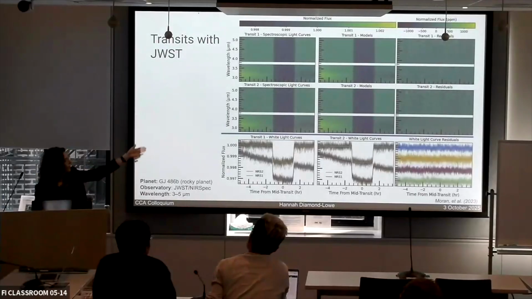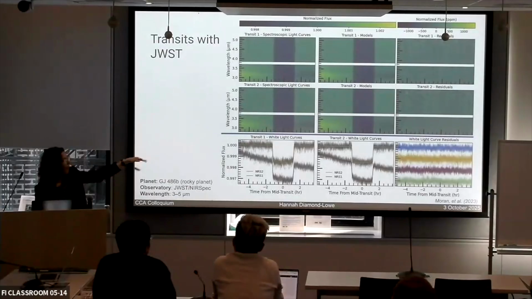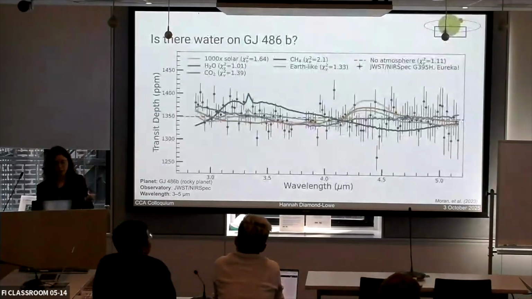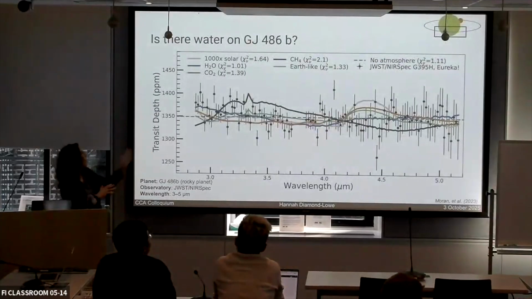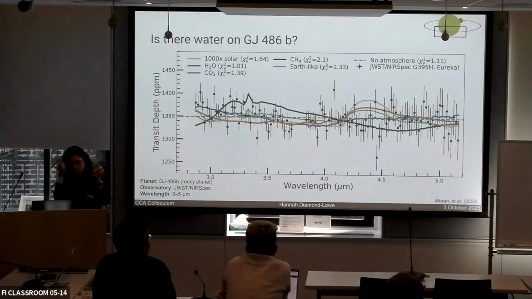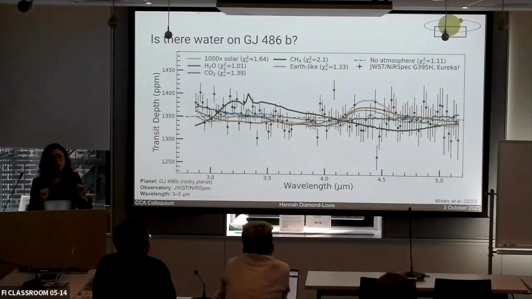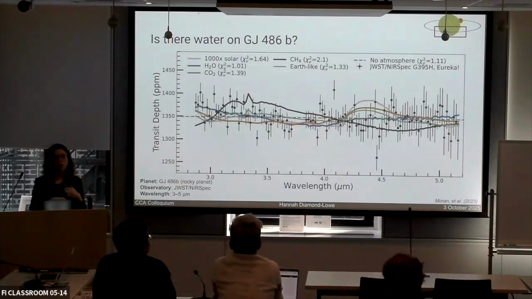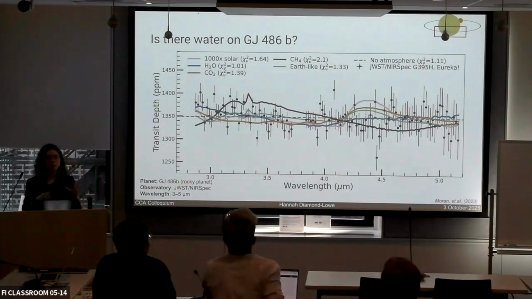Great, so let's take that wavelength and this transit light curve, and let's make our transmission spectrum, see what molecules are in this planet's atmosphere. So transit depth is a function of wavelength. Each of these data points is a measurement of that transit shape. And you can now compare this to some forward models. So for example, some kind of 1,000 times solar metallicity atmosphere.